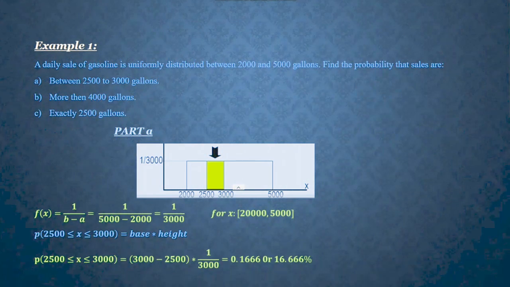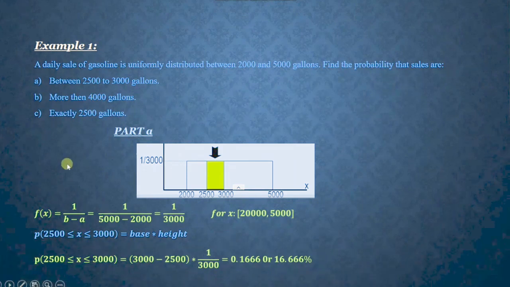Now we are moving towards our first example of uniform distribution. The question says that a daily sale of gasoline is uniformly distributed between 2,000 and 5,000 gallons. Find the probability that sales are between 2,500 to 3,000 gallons, more than 4,000 gallons, and exactly 2,500 gallons.